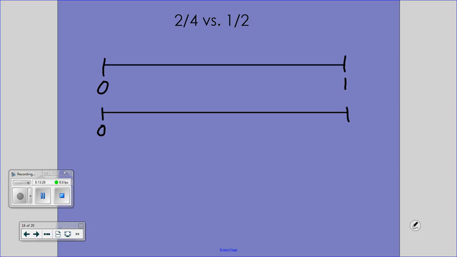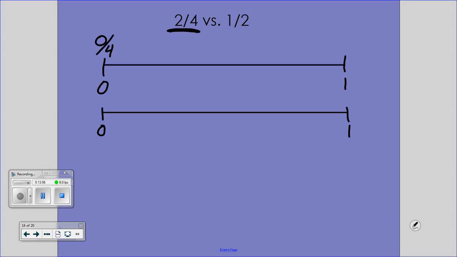All right, we're going to partition that first number line for 2/4. What fraction am I going to write above 0? This is not the first time we've done fractions on a number line. Sam? 0/4.